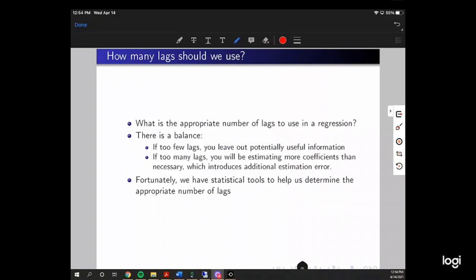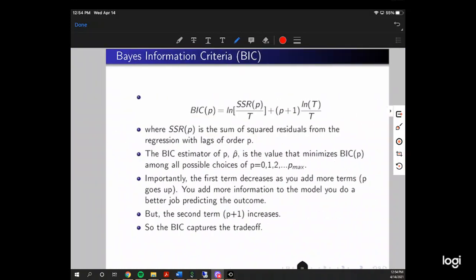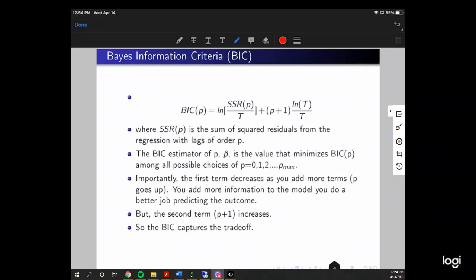And of course we have statistical tools to help us determine this. The first we'll look at is called the Bayes information criterion, or the BIC. The formula is given at the top of this slide, where SSR(p) is the sum of the squared residuals from the regression with lags of order p. So p in a first order autoregression model would be 1. In a second order model with 2 lags, p would be equal to 2, and so forth.